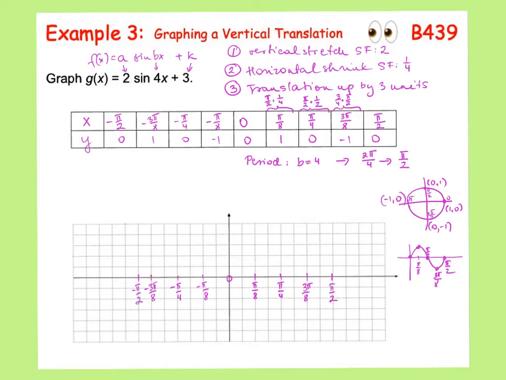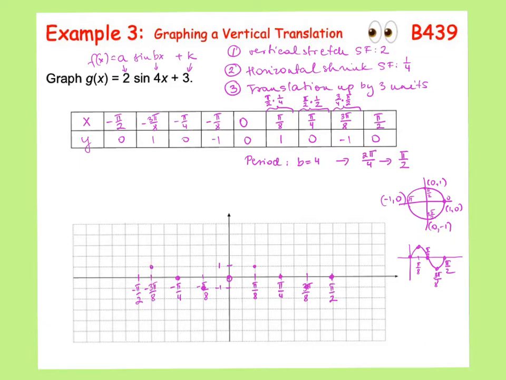So I'm just going to simply graph first the graph of sine 4x. So this is going to be starting at 0, go to, let's say this is 1, and this is negative 1. So go to 1, and back to 0, negative 1, and back to 0. And this way we go to negative 1, 0, and 1.